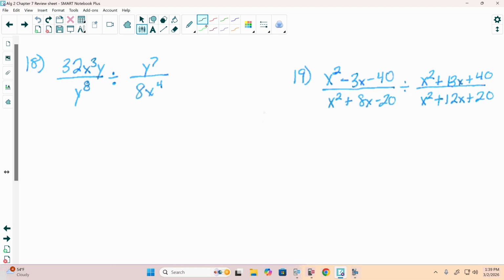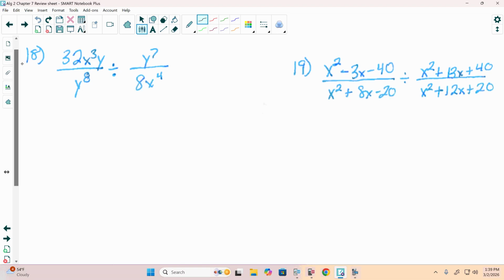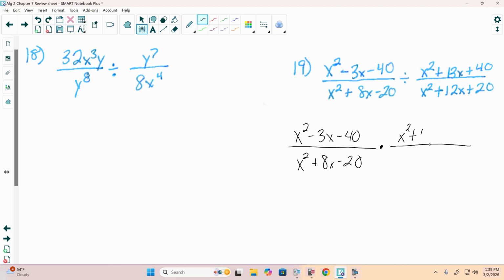The first thing when dividing rational expressions, we want to keep the first one the same, change it from division to multiplication, and flip the second expression.